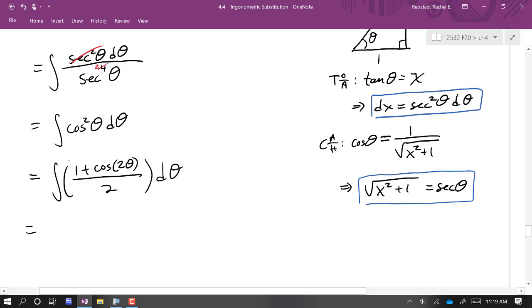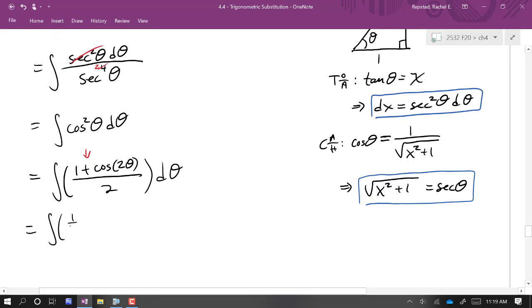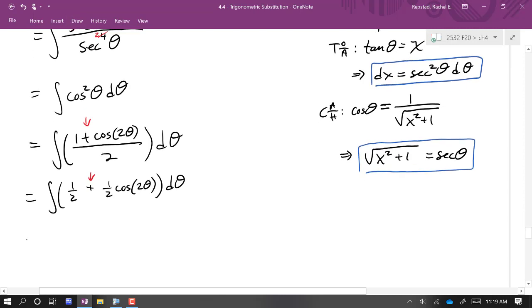And actually, maybe what I'll do is just split up the fraction over that addition, and then split up the integral over that addition. So we have the integral of 1/2 d theta plus 1/2 times the integral of cosine 2 theta d theta.